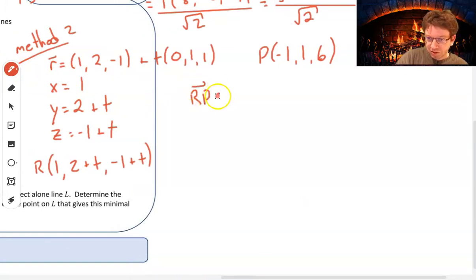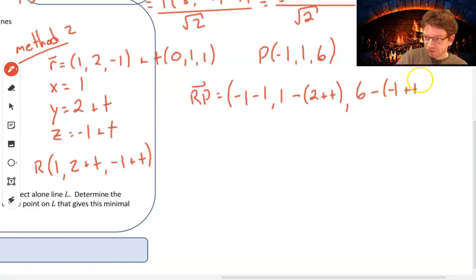RP is just going to be the difference between the coordinates of R and P. So we're going to get minus 1, minus 1, 1, subtract 2 plus T, and 6, subtract negative 1 plus T. All right, so I can just clean that up a little bit.